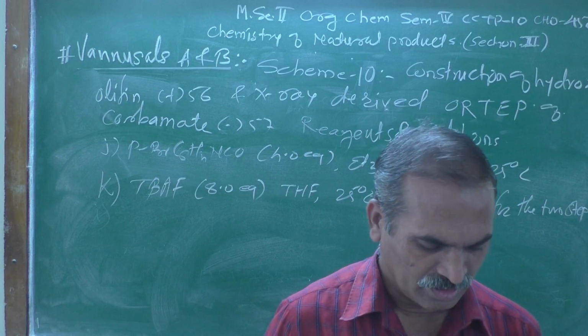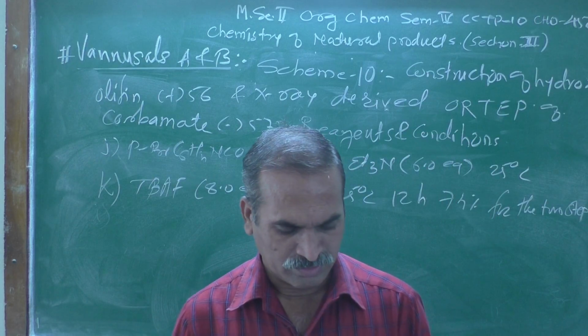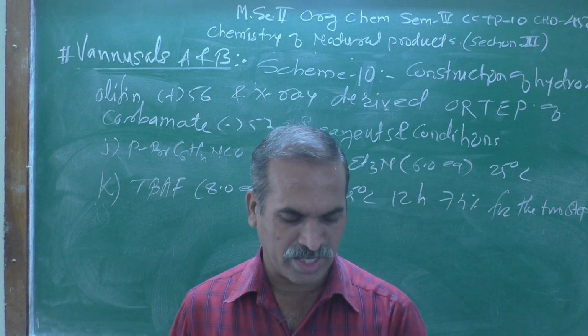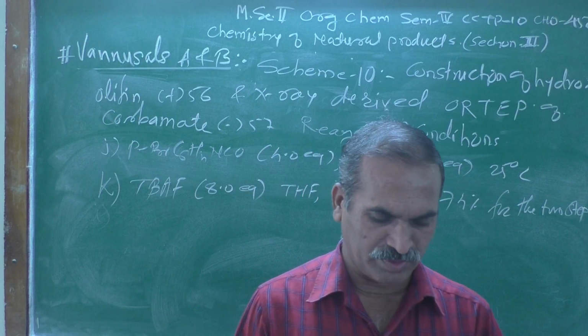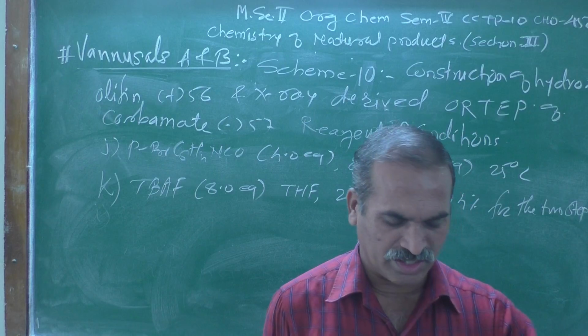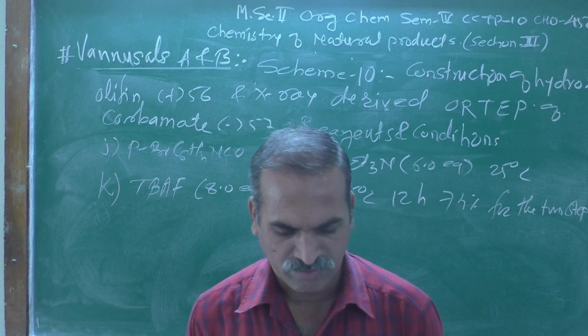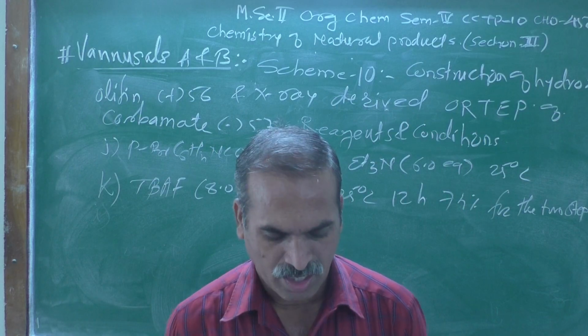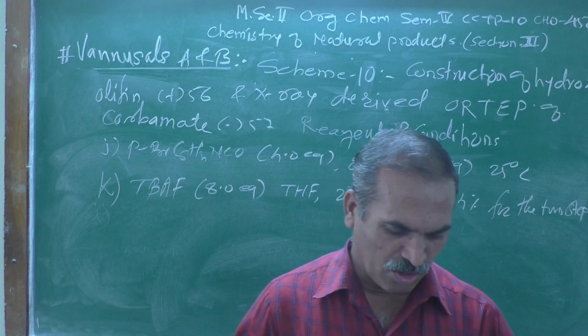This was then followed by meta-chloroperbenzoic acid epoxidation of olefin minus 54, which resulted in 93% yield of a 1:1 mixture of alpha and beta epoxide.